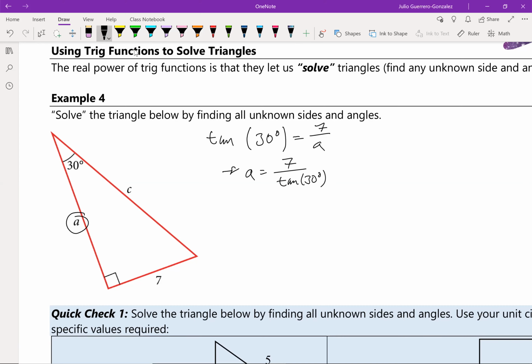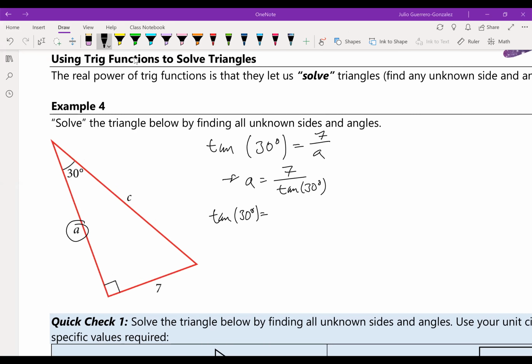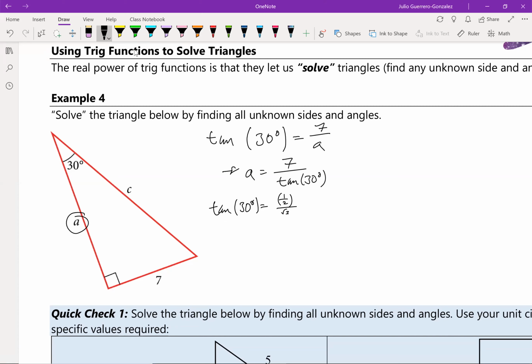Right? So now we know what tangent of 30 degrees is. If we look at our unit circle, that's sine over cosine. So sine is 1/2 divided by root 3 over 2. And if we do this right, it is root 3 divided by 3.